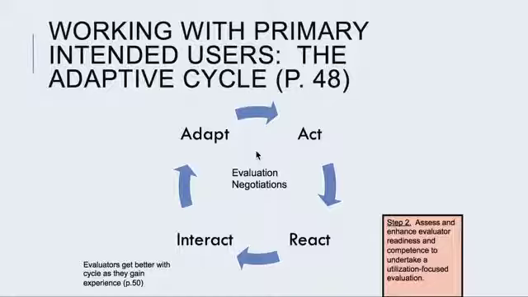All phases of UFE involve a collaborative process of action, reaction, interaction, adaptation, as evaluators and intended users consider their options throughout the whole process. And we get better at this as we gain experience as evaluation facilitators.